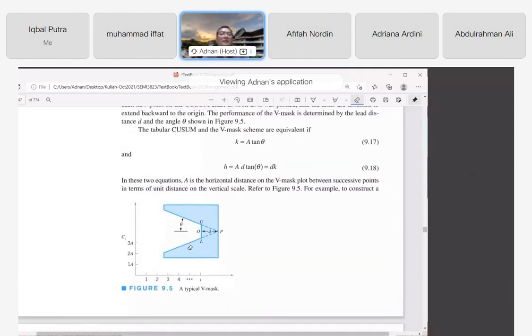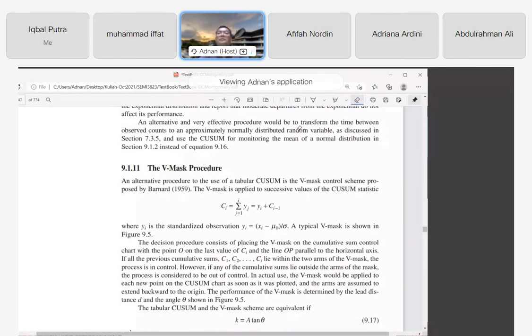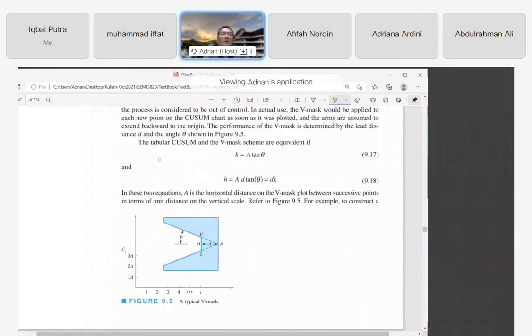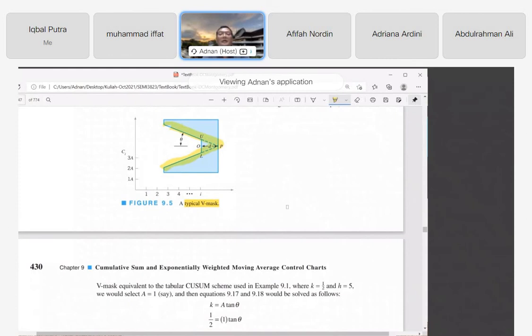I think this one we don't have to cover. Normally, I don't cover this part. You just be aware that there is a V mask procedure for Q sum. The alternative to tabular Q sum is the V mask control scheme. The shape of the control chart of V mask is like this. The shape is V. So this part I don't cover for this course. You're just aware that there are variations of the Q sum chart.